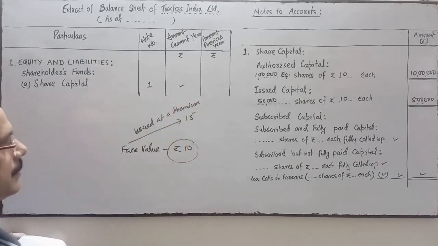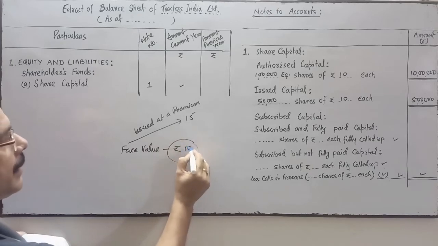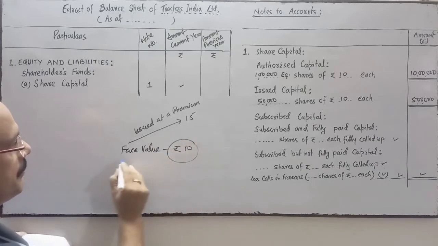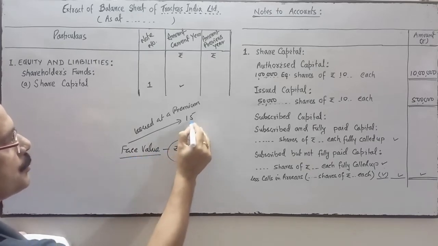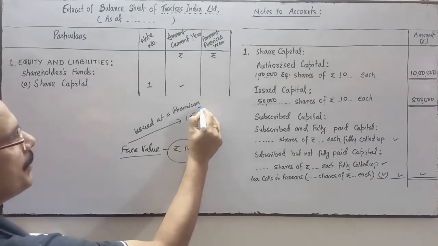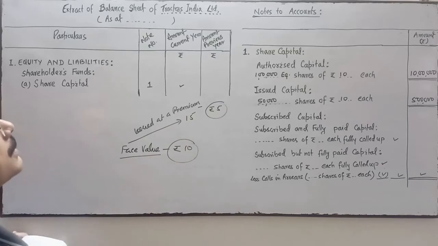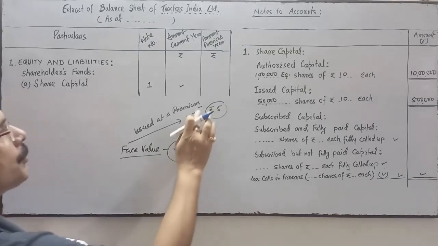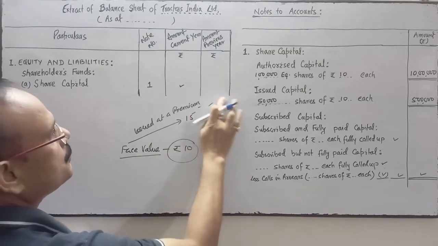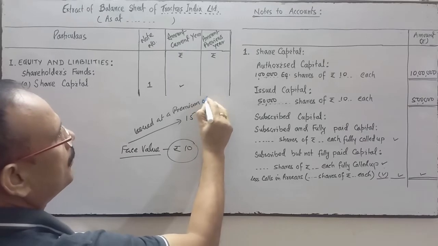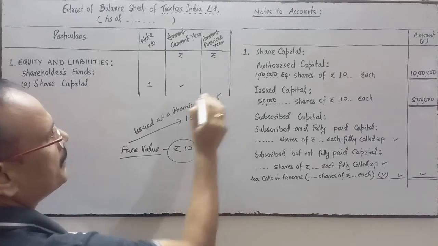Premium is the difference. Face value is 10 and it is issued at 15, so the premium amount is rupees 5. Issued at a premium of rupees 5.